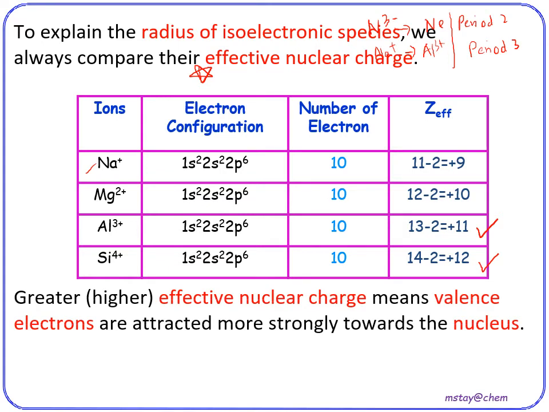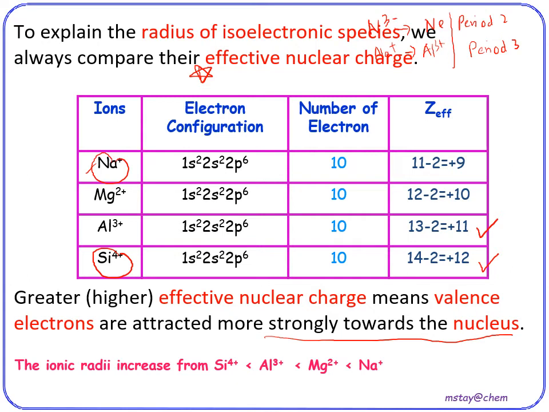As we already know, the greater the effective nuclear charge, the more strongly the valence electrons are attracted towards the nucleus. So among these 4 ions, silicon 4 plus has the smallest size. Here they mention the ionic radii increase from silicon 4 plus up to Na plus, so Na plus has the largest ionic radii.